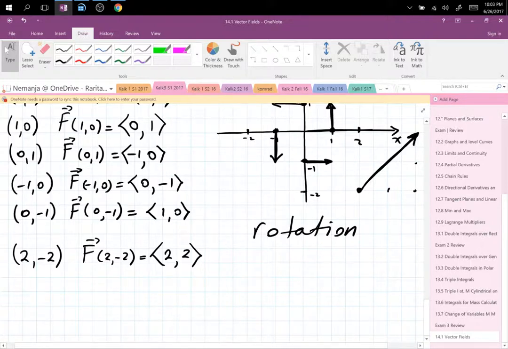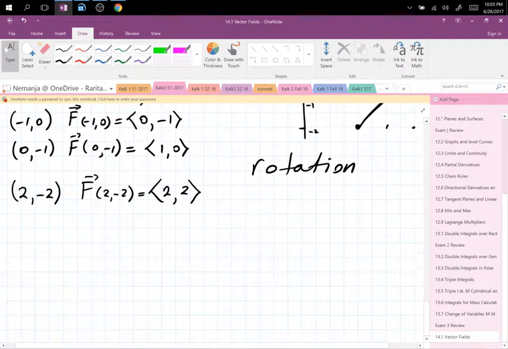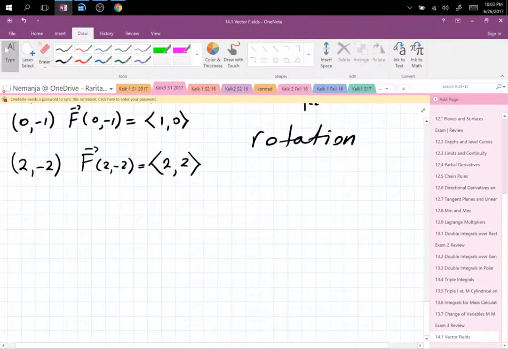So we can talk about rotation, about shear, about flow, and then there is also radiation. We can get vectors that would radiate stuff out. You know that the sun in 3D, right, radiates around.